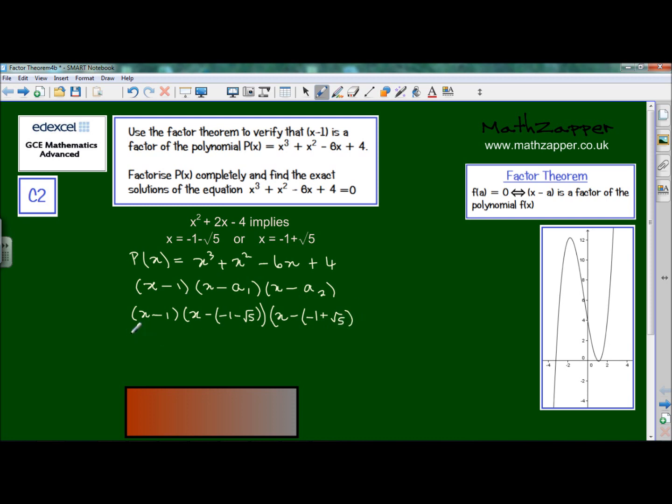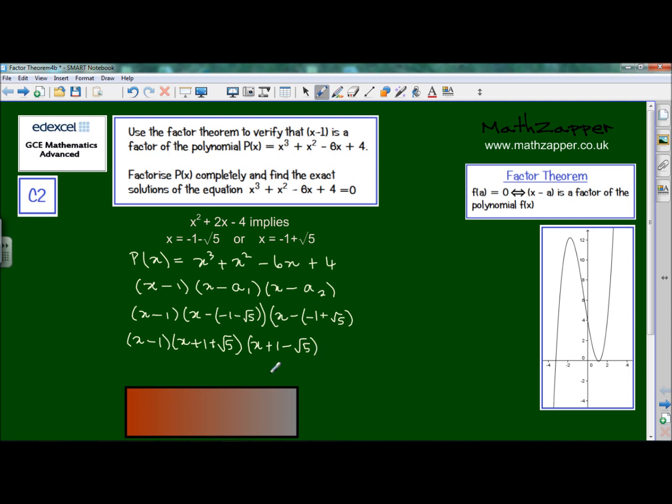Now we can simply expand brackets and make it look a bit tidier. So x minus 1 is plus 1, minus root 5 is plus root 5, and x minus 1 is x plus 1, minus plus root 5 is minus root 5.